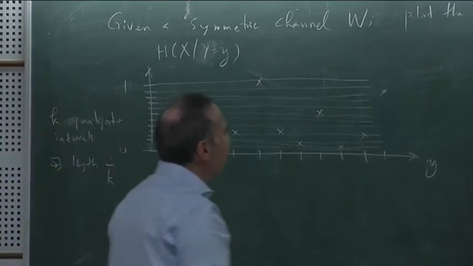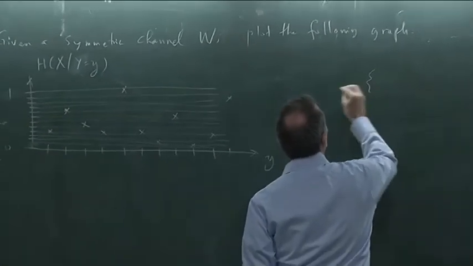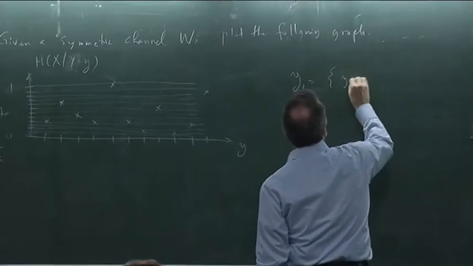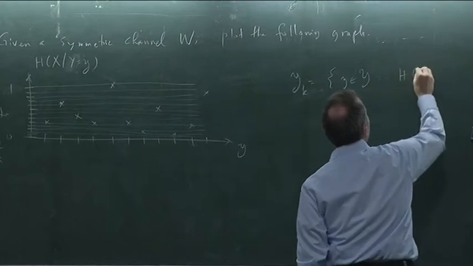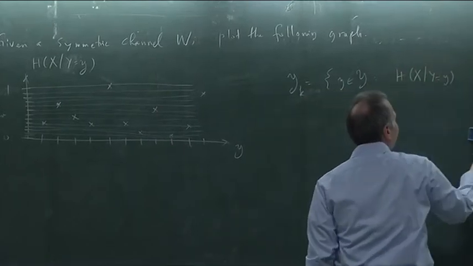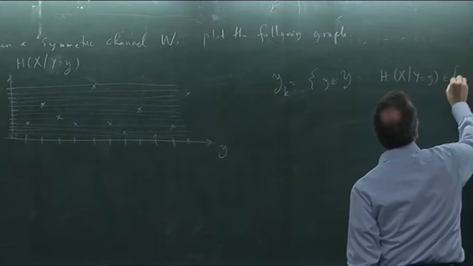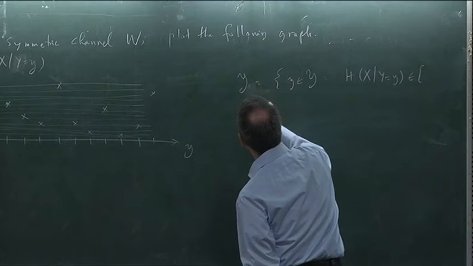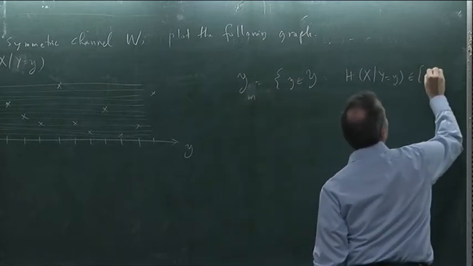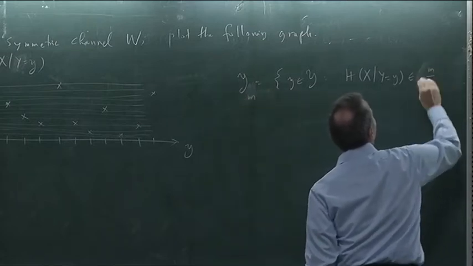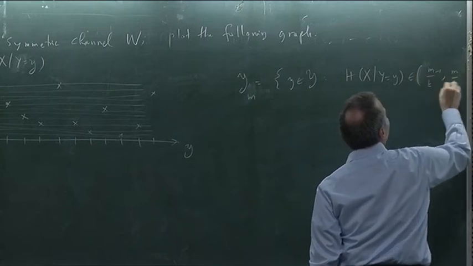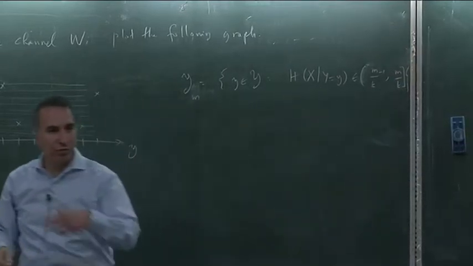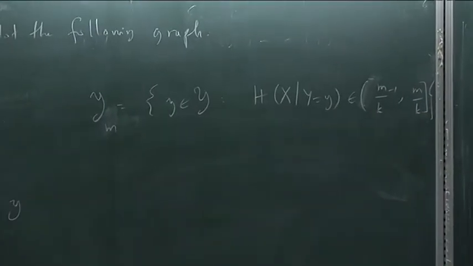And then consider, let's suppose, script Y_m: all these y's such that the entropy of X given y is in the interval, that is, Y_m is between (m-1) over k and m over k, with m going from 1 up to k.